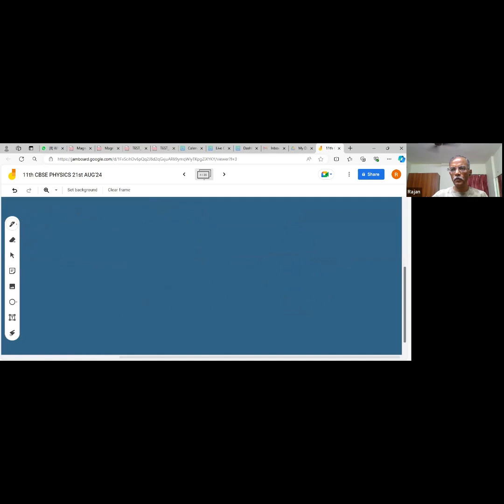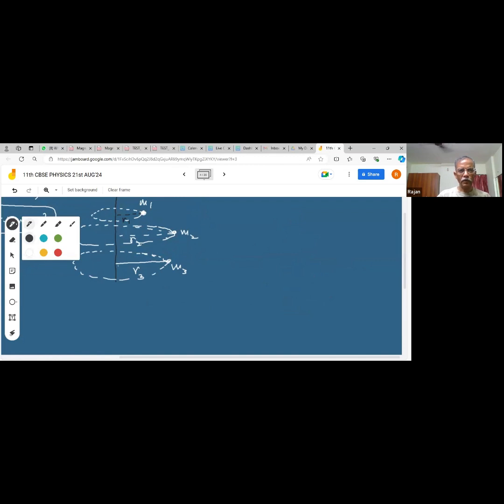So, okay, I'll draw another figure, same rotational axis, correct? And then all the M1, M2, and M3, I'm keeping at the same distance. Now we are having this as a mass, correct? All are at the same distance.